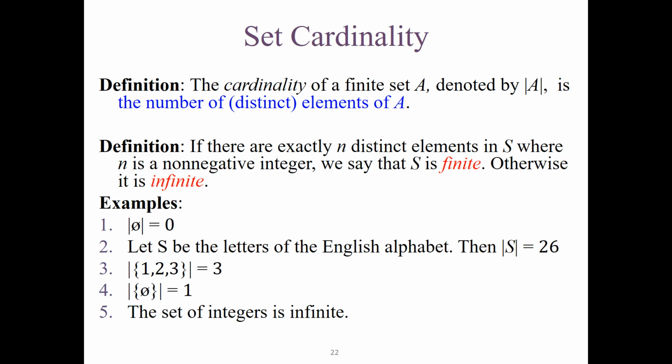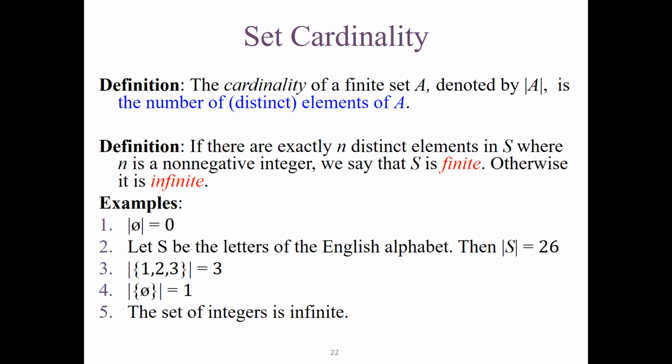For the empty set, when we count the cardinality, we try to enumerate or count the elements in this set. For the empty set, there are no distinct elements, so the cardinality of the empty set is 0. Next, if S is the letters of the English alphabet, then the cardinality of S is 26, because you can count A, B, C, D, E, and we have 26 letters in the set S. Then you can use the roster method to list the elements in the set.